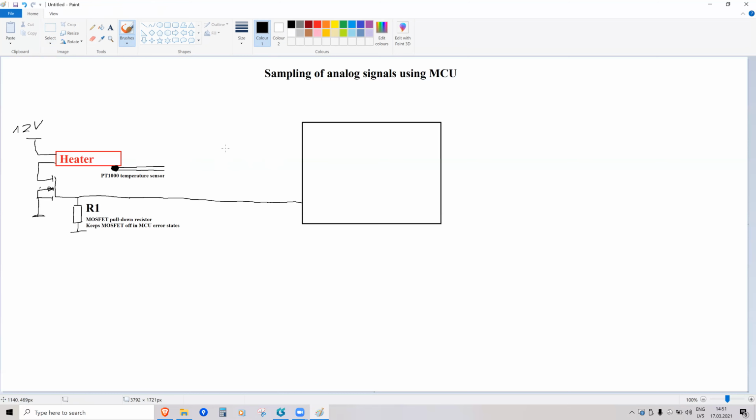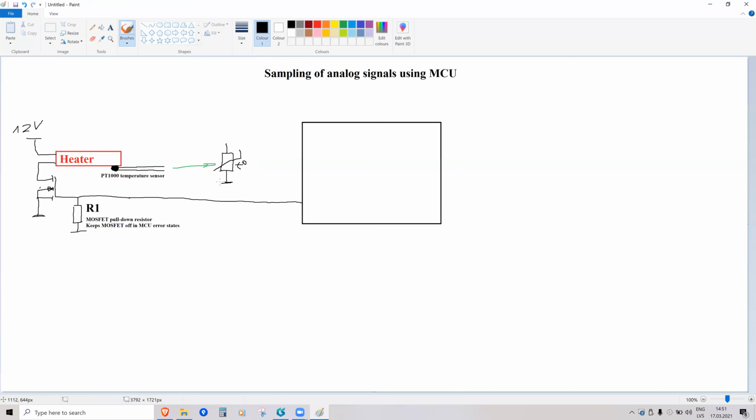So a typical way how people do it is they put the analog signal with reference to ground. So this sensor is this resistor. It's temperature dependent.